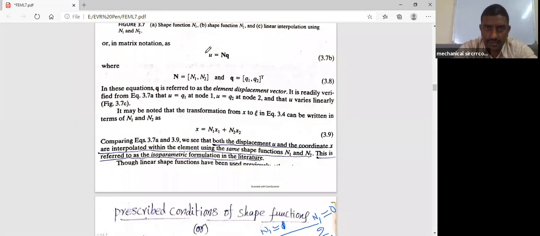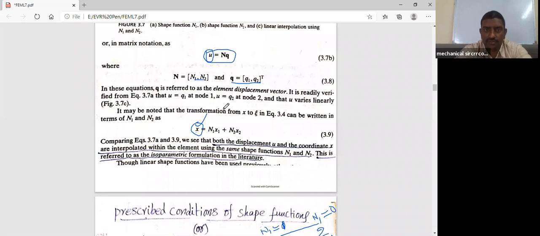This is the matrix notation of the deformation function: u is equal to the shape function matrix times the nodal displacement vector, N1, N2, with the column q1, q2. Shape functions are not only used to describe the deformation over a length, they can also be used to describe the x values, the independent variable.